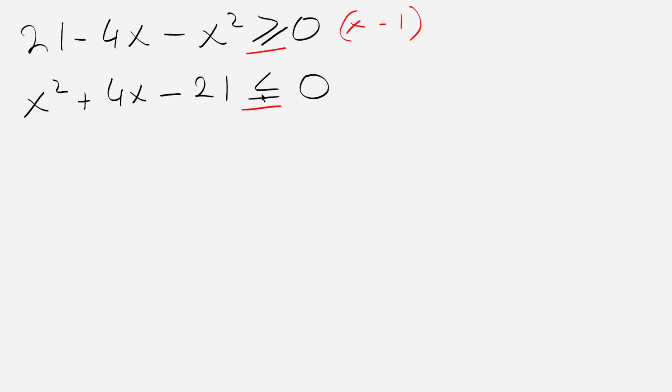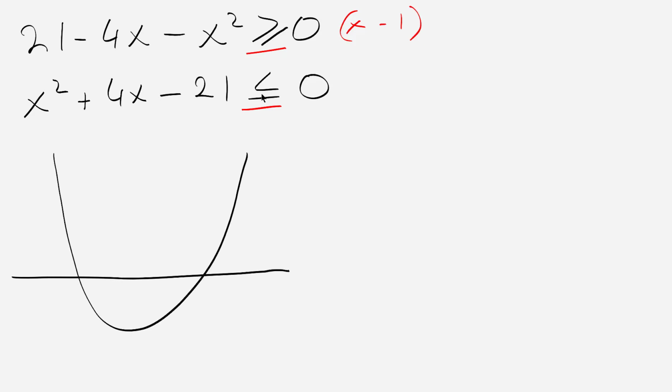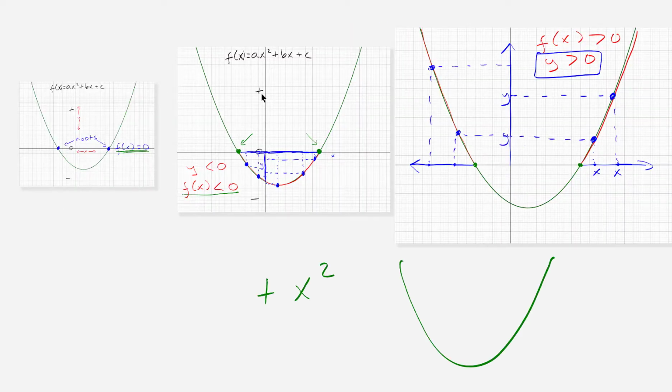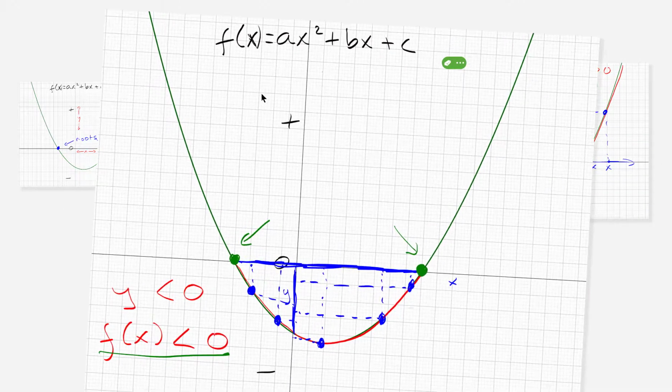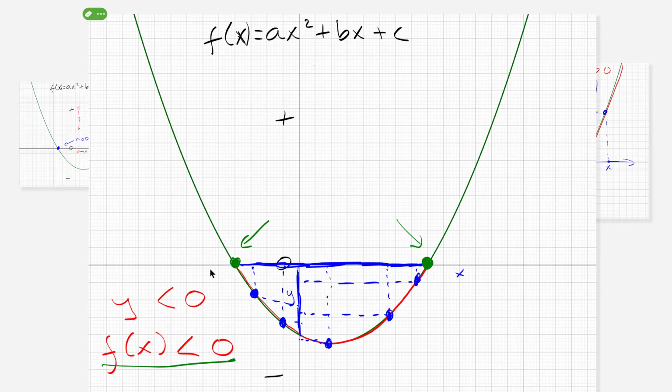So once again, I'm going to do my quick sketch. And I care about where the function is below 0. So I care about this part of the function down here. And actually less than or equal to 0, so I'm including the roots with this one. Now we've discussed it a couple of times, if we care about where the function is less than 0, we generally care about the x values in between the two roots.